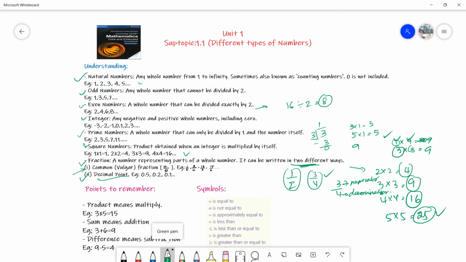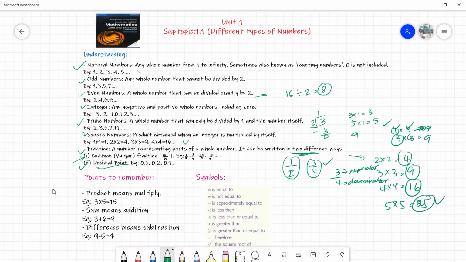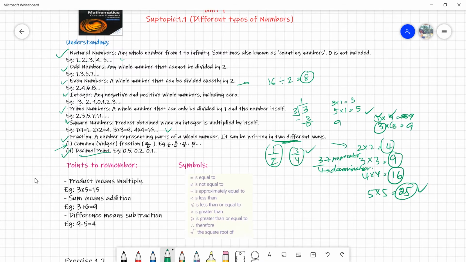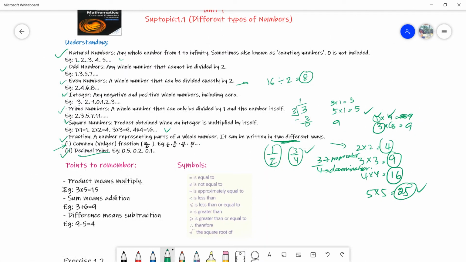Now, we will be moving on to doing the exercises, but before we move there, there are some points for a recall. Simply, product means multiplication. I hope you know that. And sum means addition.